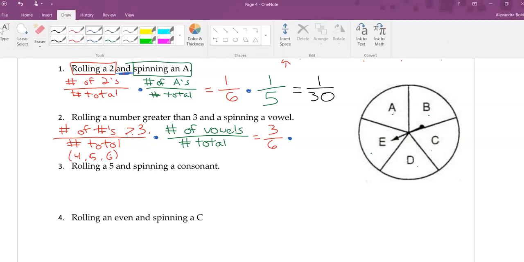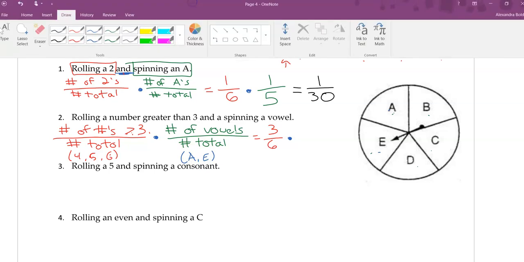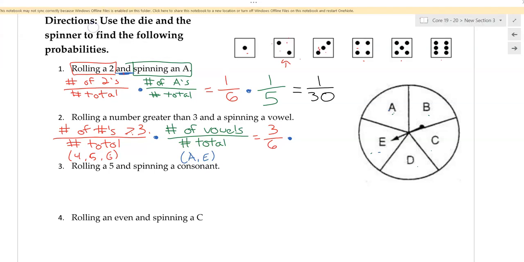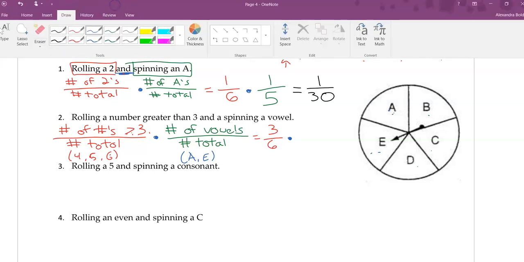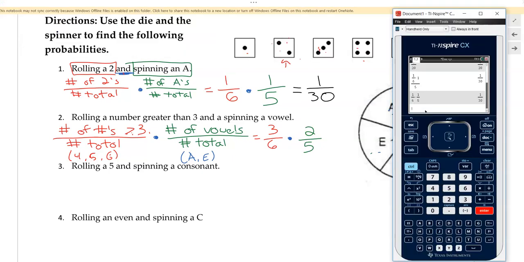For my vowels, A is a vowel and E is a vowel. I wrote that in blue, that's okay. So that's 2 of them out of 5. Now I'm going to multiply these.